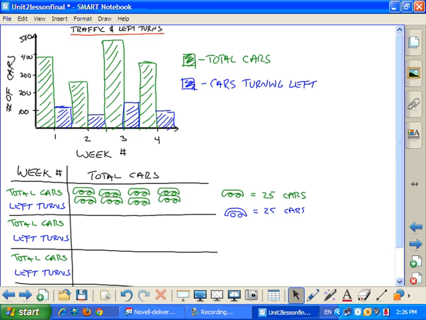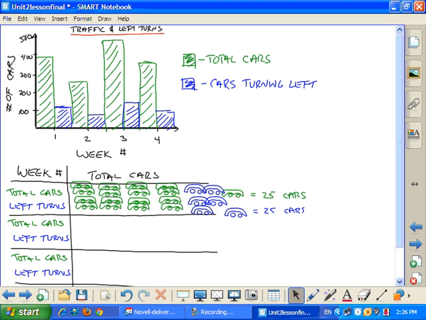So there's 200. Didn't really plan out my scale overly well. 300. So there's the total cars that made a left turn, and it looks like just over 100 made a left. There is 75. So there's about how many cars made a left turn.